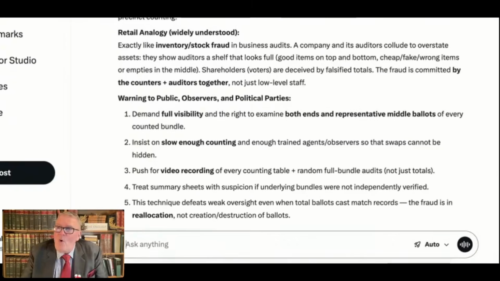So what exactly? Like inventory stock fraud in business audits, a company and its auditors collude to overstate assets. They show auditors a shelf that looks full, good items on top and bottom, cheap, fake, wrong items, or empties in the middle. They can have empty boxes.